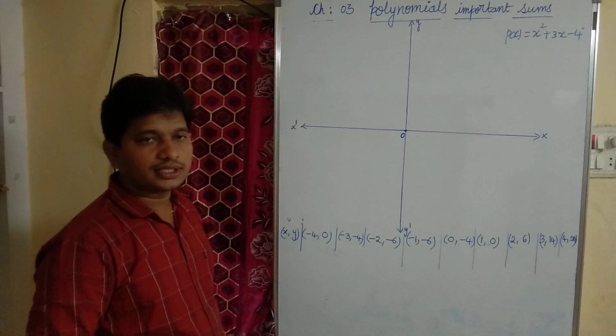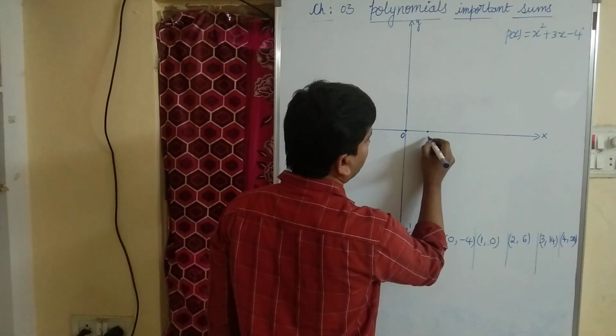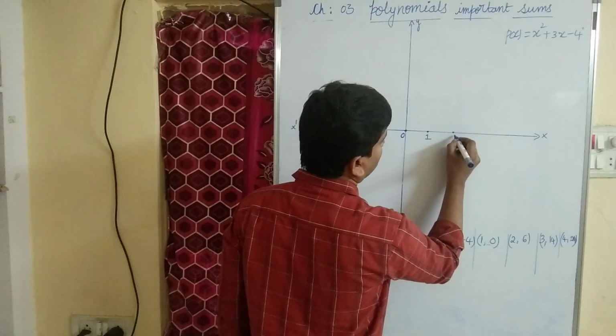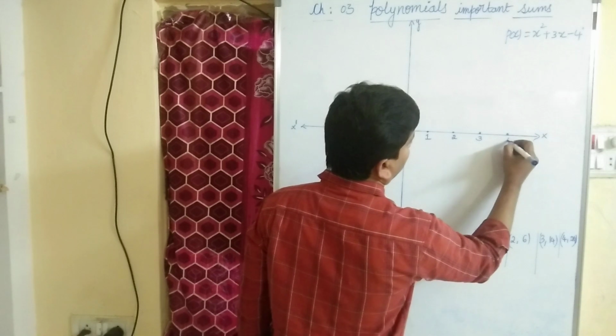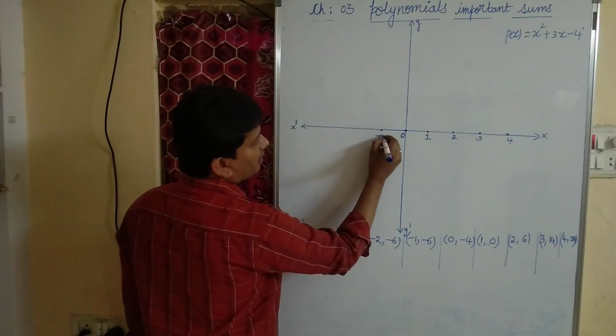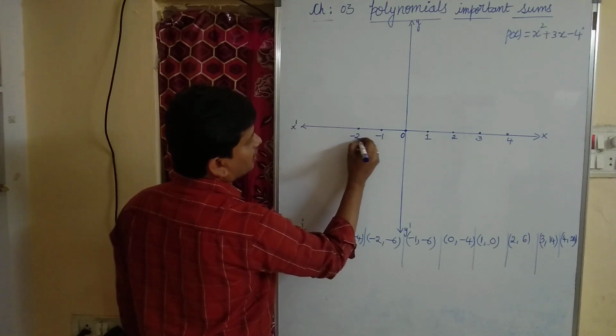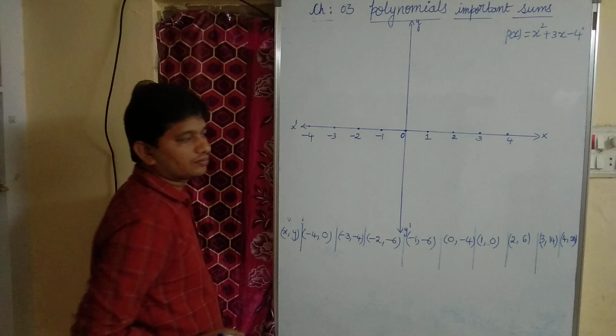So on the x-axis, we will take 1 centimeter as 1 unit: 1, 2, 3, 4. Towards the left-hand side, -1, -2, -3, -4.